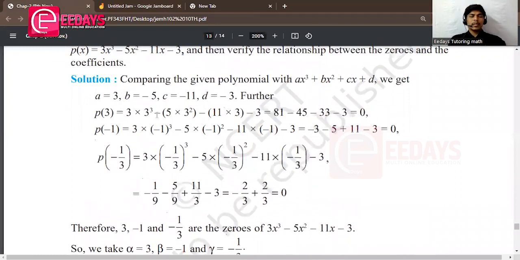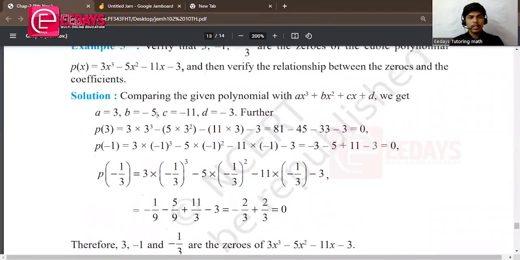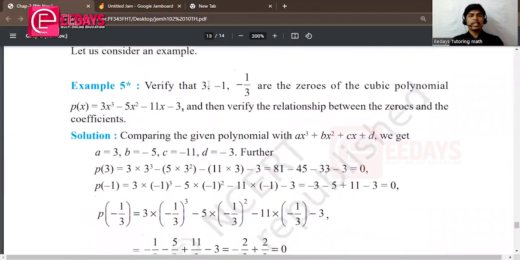This is lengthy for a cubic polynomial, but be careful while solving. How to verify? First, they give 3, minus 1 and minus 1 by 3. We just substitute in the polynomial, that is P of x. Take x is equal to 3, x is equal to minus 1, x is equal to minus 1 by 3. Substitute over there.